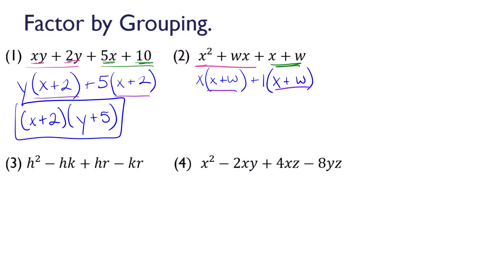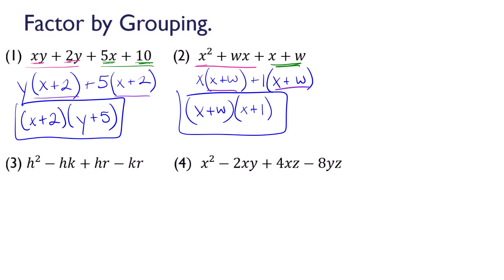And that should always happen when you're doing grouping, is you should have these binomials match up. So then you bring that to the front, x plus w, and then your leftovers are x plus 1, right? Now, there it is.